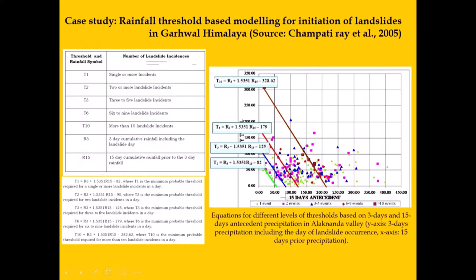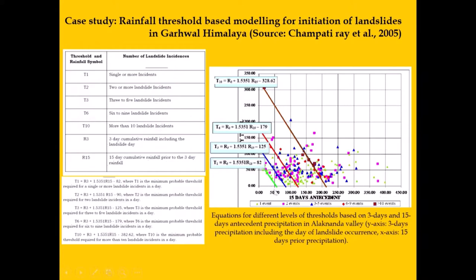Suppose next year on a particular date you have R3 and R15 values, you plot it, and it's plotted somewhere here. Beyond this line means we are safe. But if it is plotted on this side of the blue line, that indicates that we can have 3 to 5 landslides very soon in that area, if not already happened. Similarly, we have this green line standing for the T1 equation.